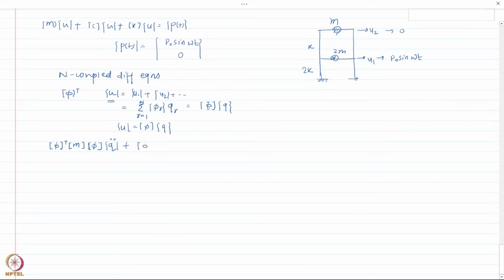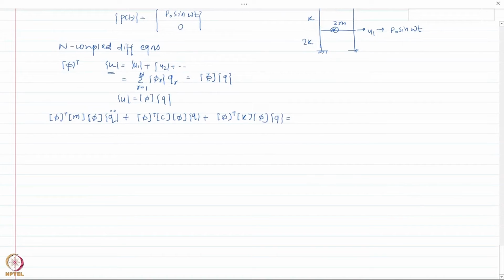Then I would have this quantity here, and then the vector of modal velocities, and similarly for the stiffness matrix I have this here times the modal coordinate q, and phi transpose times p of t.